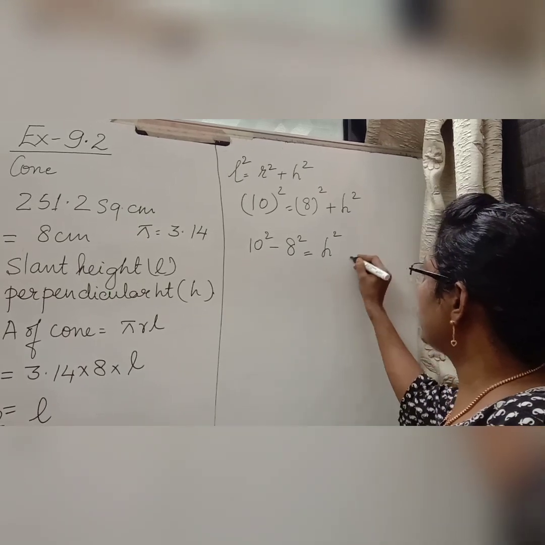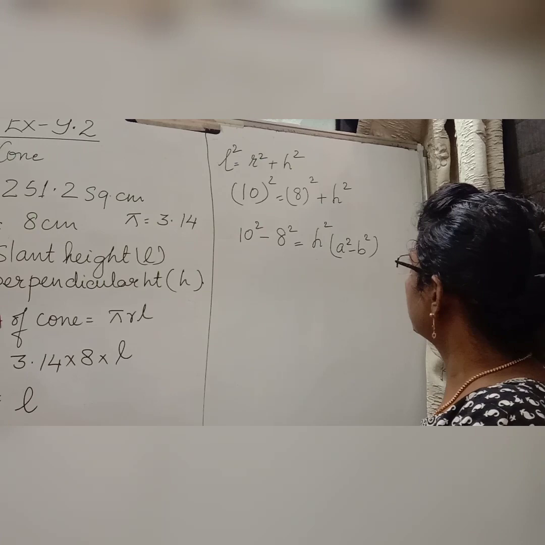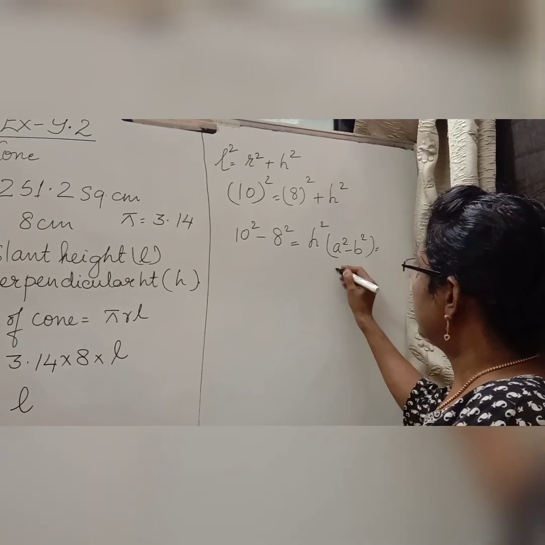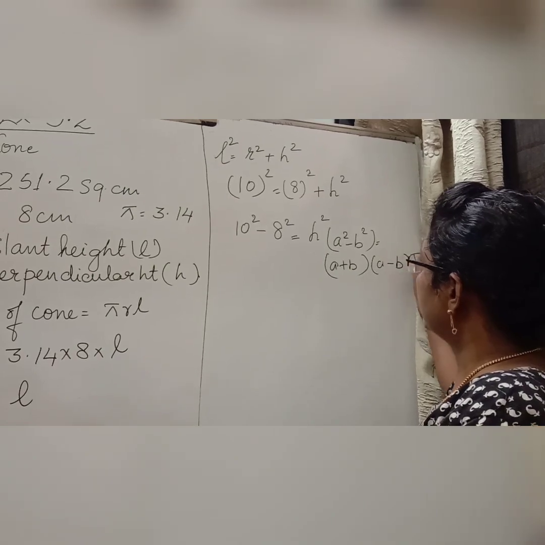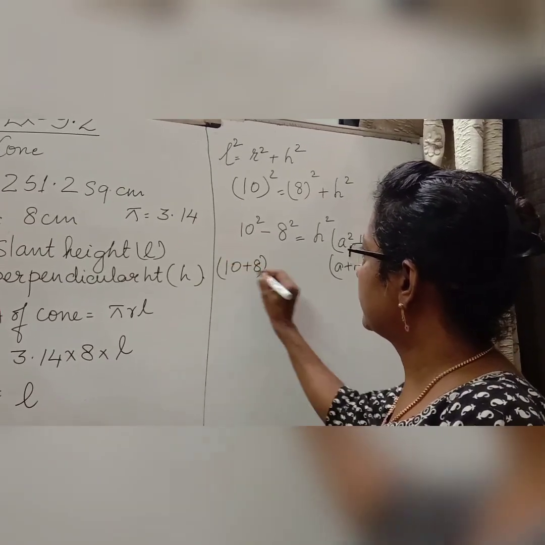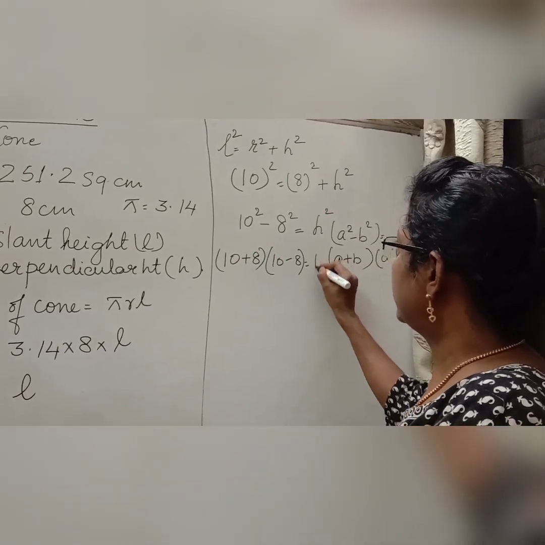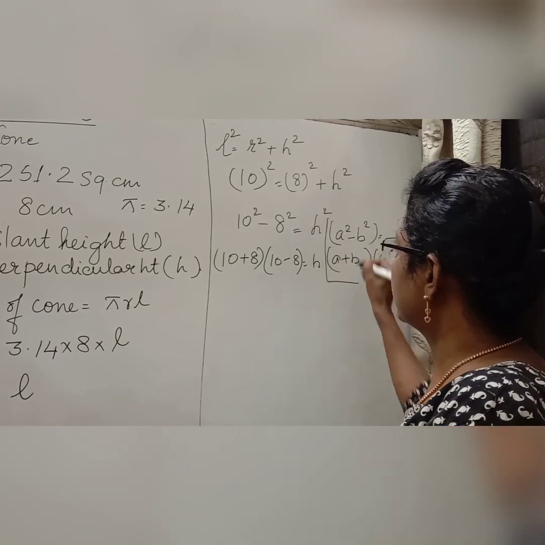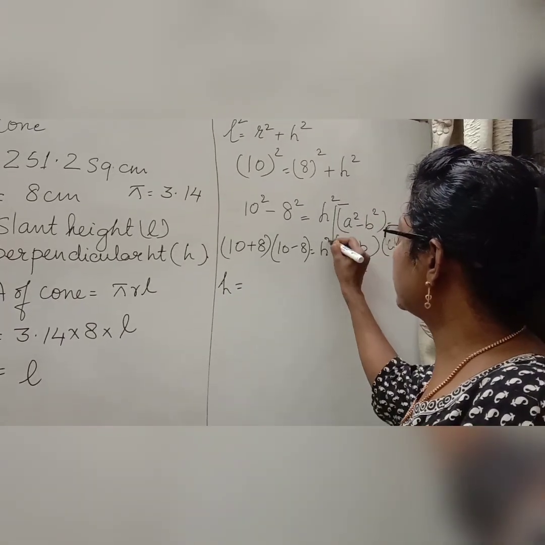So you can use the formula A square minus B square is equal to A plus B into A minus B. So here 10 plus 8 into 10 minus 8 is equal to H square.